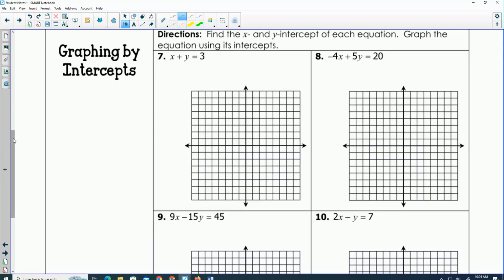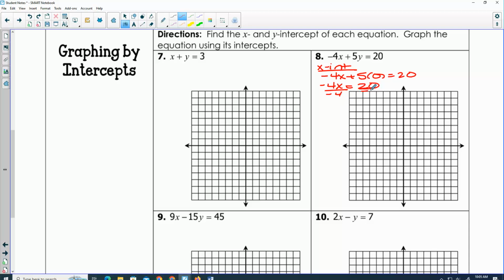So let's look at problem 8. If I ask for the x-intercept, we make our y 0. So that's negative 4x equals 20.